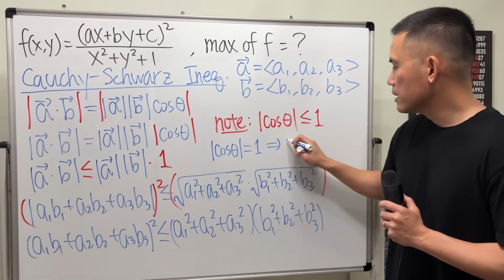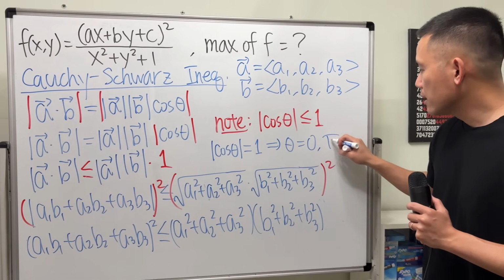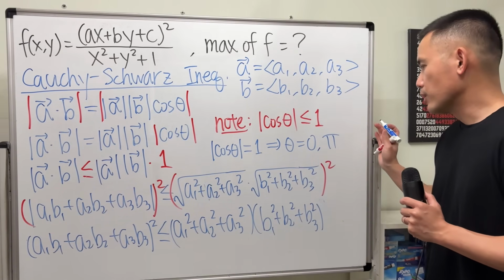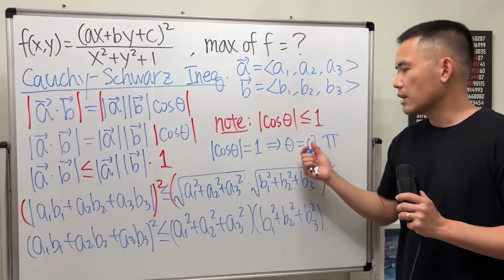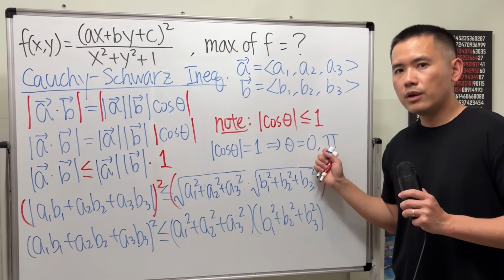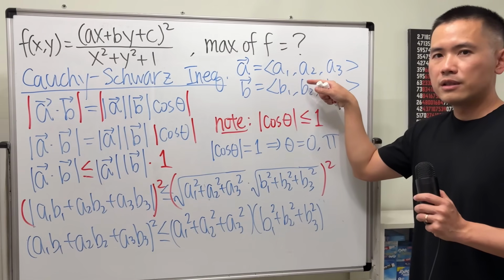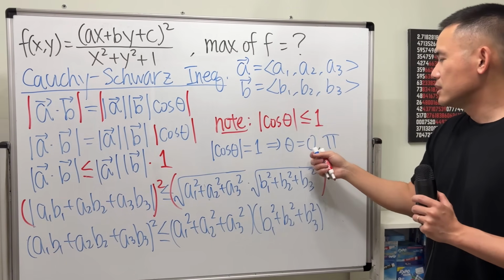That implies the angle theta has to be either 0 or pi. And of course, there are a lot more angles than that, but cosine 0 is 1, cosine pi is -1, which the absolute value is still 1. This right here tells you that these two vectors are what? They are parallel, because the angle between them is either 0 or pi.